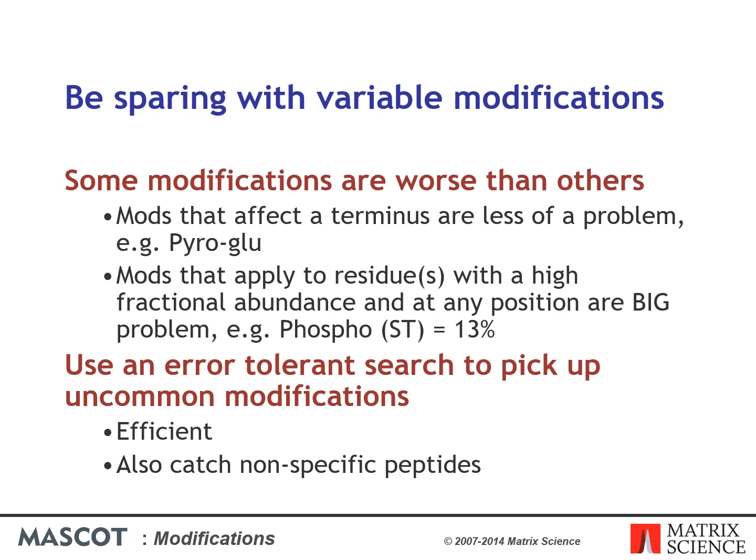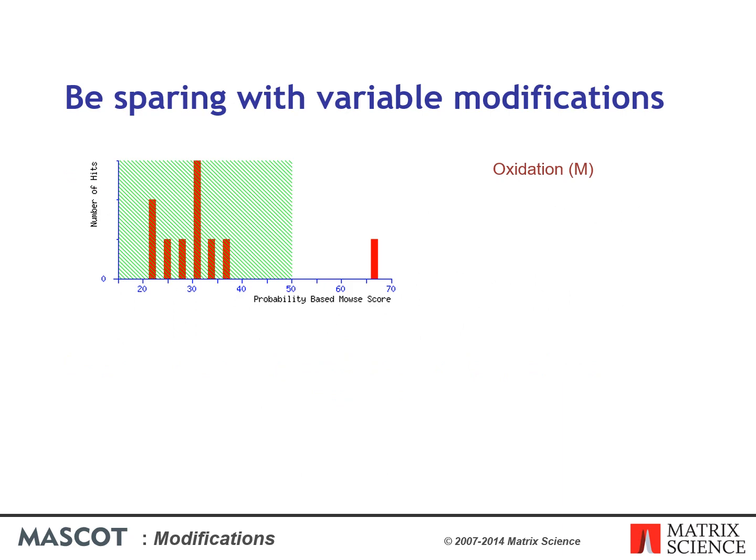Unless you have enriched the sample in a particular post-translational modification, e.g. IMAC for phosphopeptides, it is usually not a good idea to try and catch post-translational mods in a first-pass search. Better to use a second-pass search, which we call an error-tolerant search, to catch the low abundance mods. We will come back to this later.